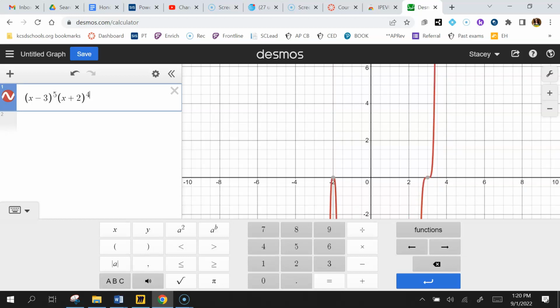What should be happening here is because positive 3 has got an odd multiplicity, it should be going through the x-axis there, and it should be bouncing at negative 2 because that's an even.